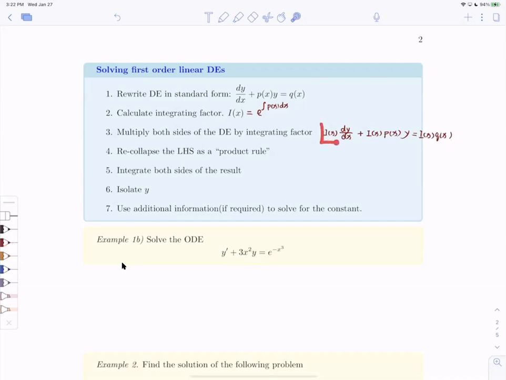So this whole thing is basically the derivative of I(x) y. If you take the derivative of this, you see that you get I(x) dy/dx and I(x) p(x) y. Yeah, it's (I(x) y) prime.